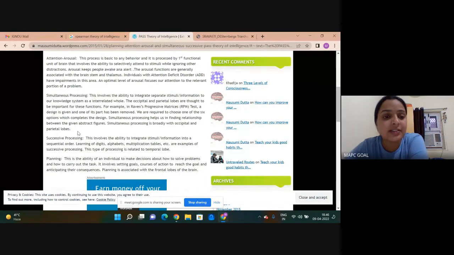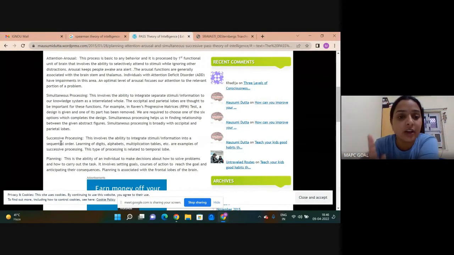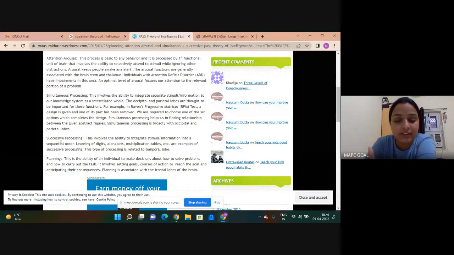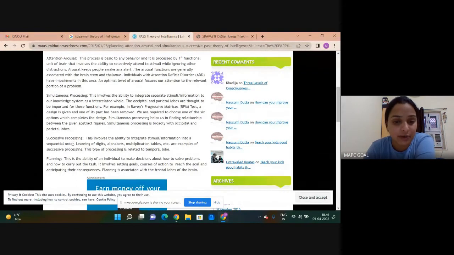So again, these researchers believe that we process information successively. It's not that we pay attention to one thing only, but we have the ability to process different information. Definitely alphabets and digits are not taught together, but yes, we can pay attention to different information at different times. That is known as successive processing.